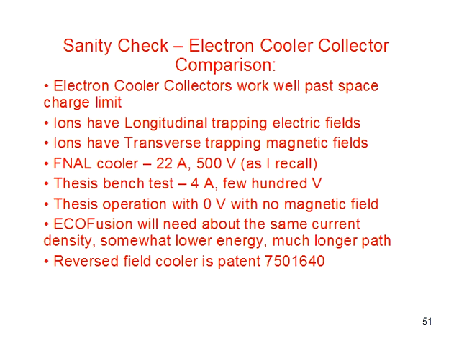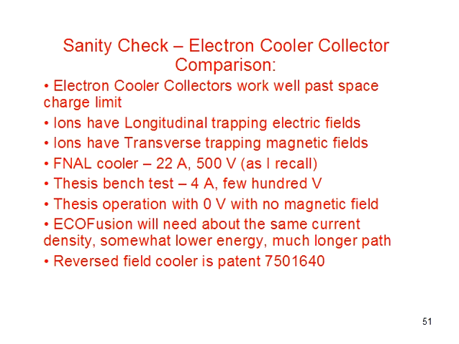In the bench test of my thesis experiment, we had a 4 ampere beam with a few hundred volts, and later we tested operation of the 3 million volt accelerator with 0 volts on the collector and no magnetic field. All of these experiments have shown the strong presence of neutralizing background ions in an electron beam.